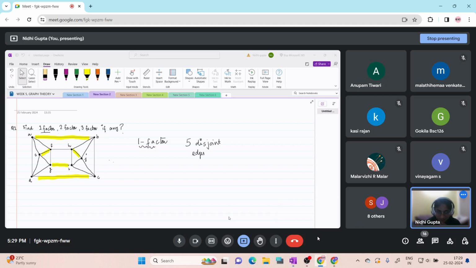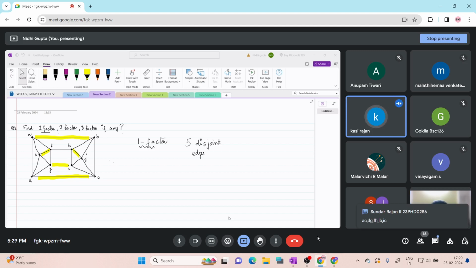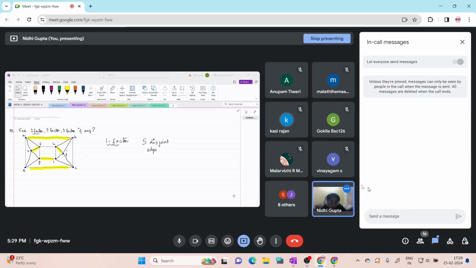Kashi, were you saying the same example, or did you have a different matching? A different one factor? Okay, there's one more: ACDG, FHJB and IC.